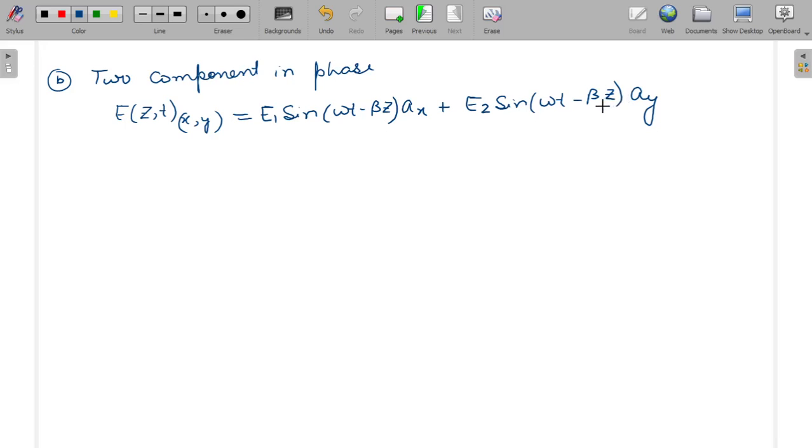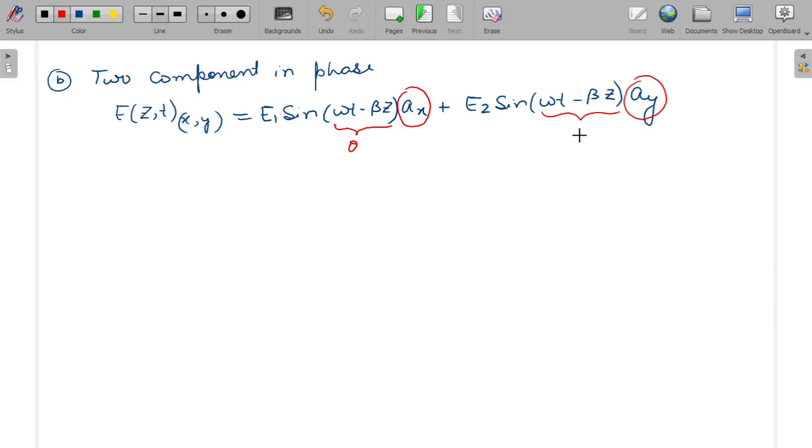So see here, what is the case? Here you have electric field in the ax direction and ay direction. So there are two components of the electric field, but both are in the same phase. Just see this here, omega t minus beta z. This is the exact phase.